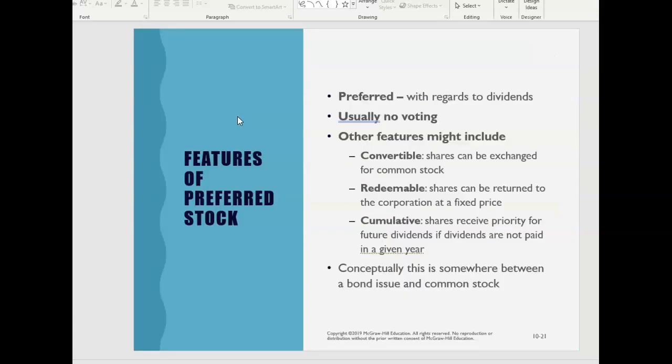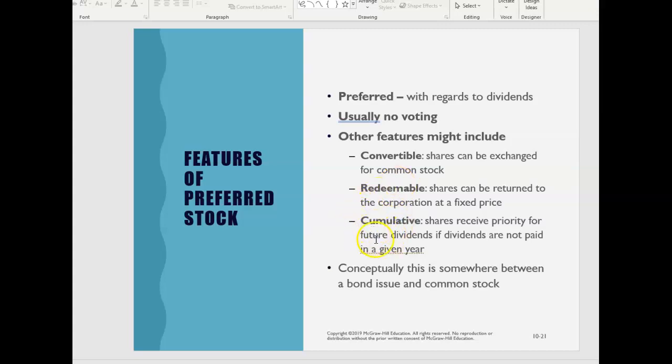Last concept that I want to talk about for a moment is something called preferred shares. So we've been talking about common stock. Companies can also issue preferred shares, and preferred shares are only preferred with regards to dividends. Usually they don't have any voting rights, but they do get preference with respect to dividends. If I am a company and I'm going to pay dividends, I have to pay my preferred shareholders first.